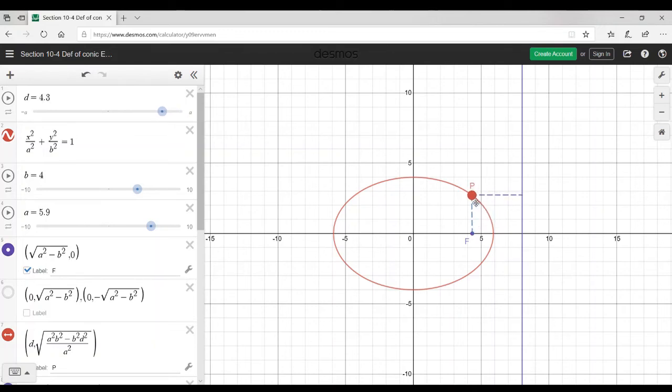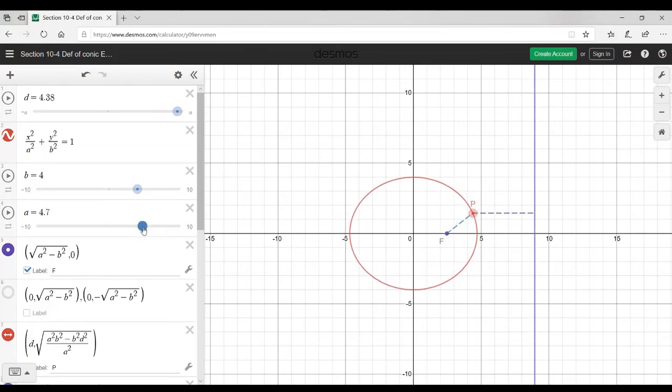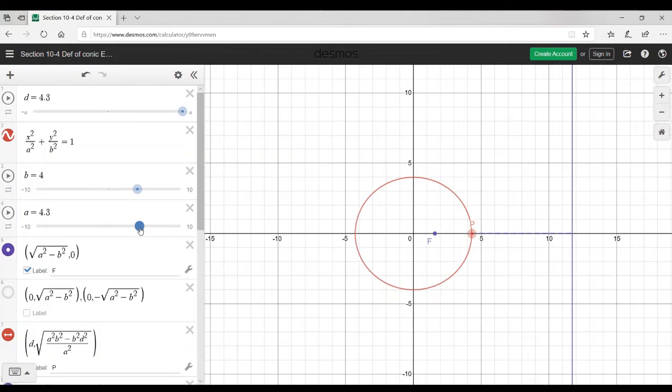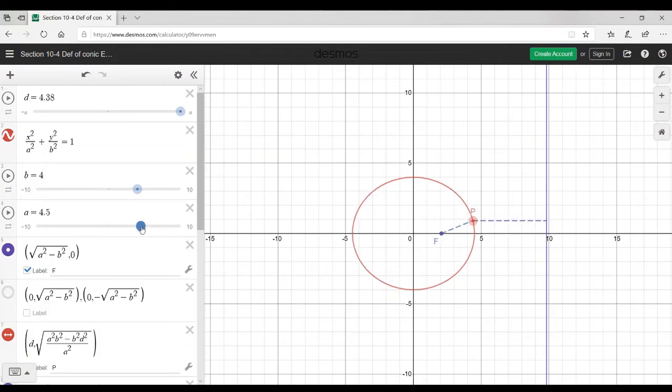Also, you can't create a hyperbola here. This demonstration tool is strictly for an ellipse. What I was interested in exploring was what happens when it becomes more and more circular. As I become more and more circular, notice that the directrix goes further and further out.